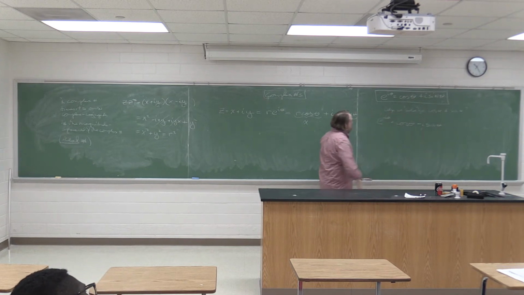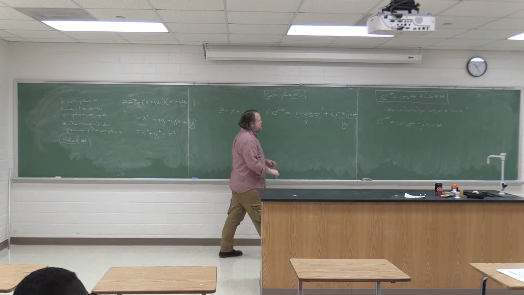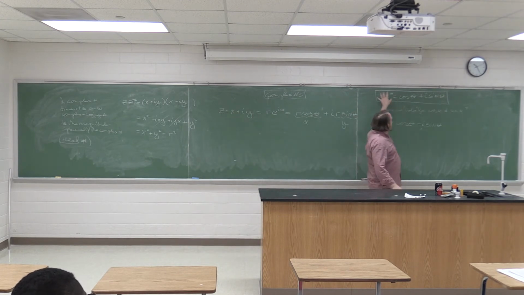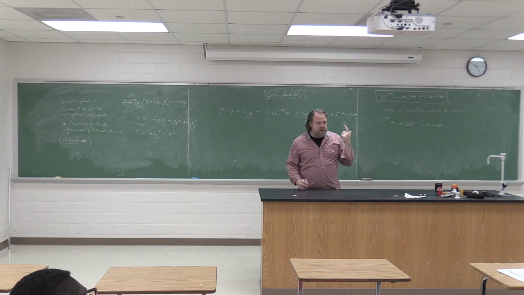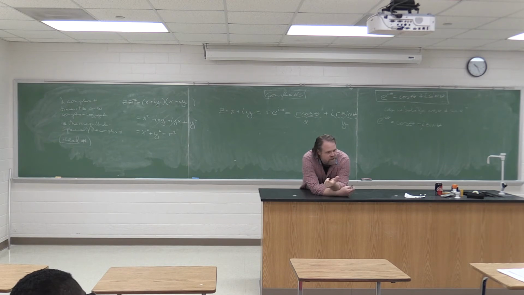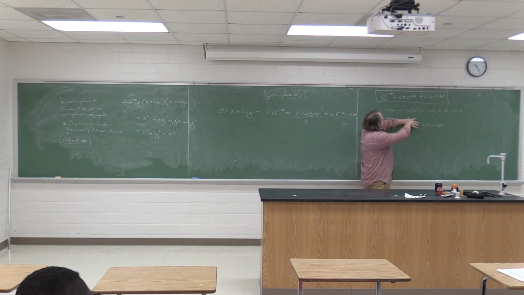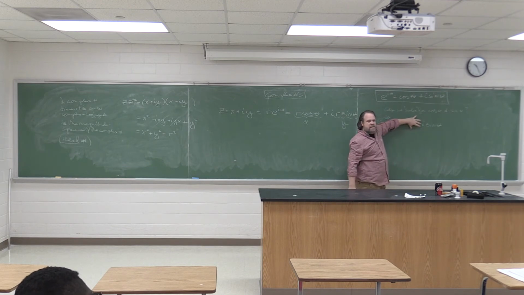Now, we're pulling a little bit of a dirty trick here. The dirty trick is, I want to solve for two things, right? Cos theta and sine theta. If I want to solve for two things, how many equations do I need? Two. How many equations do I have? Two.